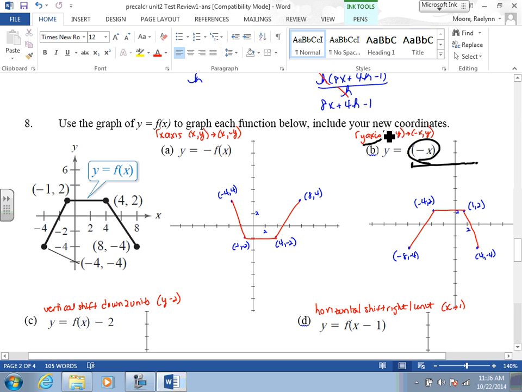The y-axis. This negative is not next to your x, it's next to your y. So if your y goes from positive to negative, where's the reflection? X-axis. Do it with your fingers, it makes the most sense. If x is going negative to positive, your reflection's over the y-axis. If the y is going negative to positive, positive to negative, it's going over the x-axis.